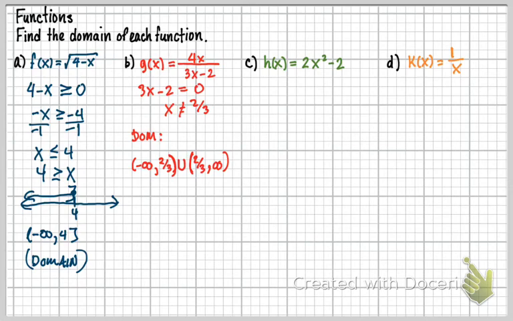Okay, let's take a look at this one. If you're familiar with these functions, that's what we call a parabola. With any parabola, they open up or they open down, and that's about it for us in Math 122. Now I can move this to the left, I can move it to the right.